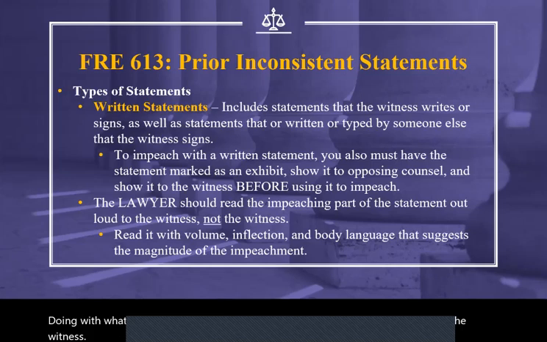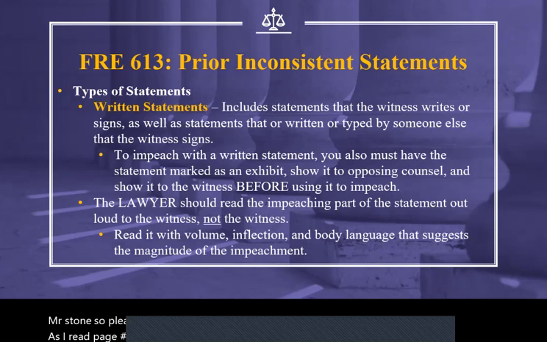Now, you don't say, oh, I'm going to use this line right here. No, what you do is you hand it to the witness, and you say, Mr. So-and-so, please read along with me silently as I read page number 17, paragraph 3, line 4.